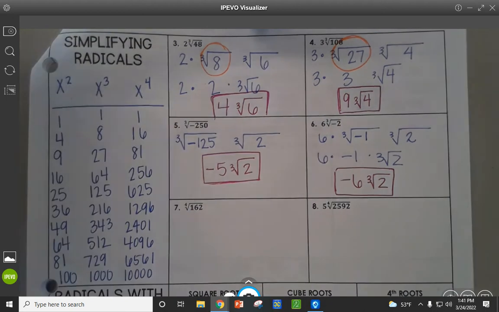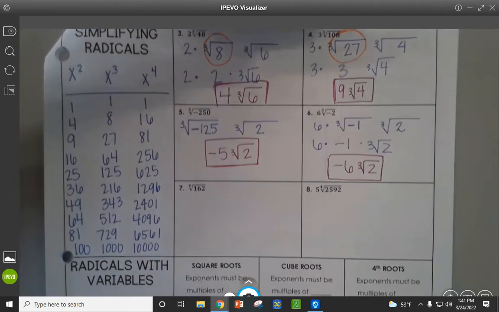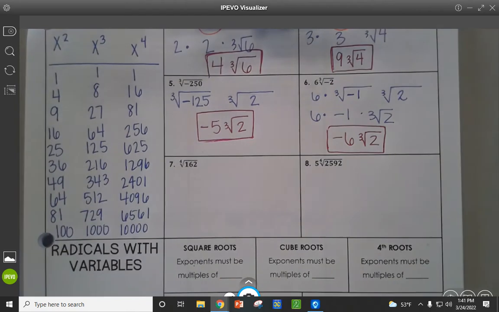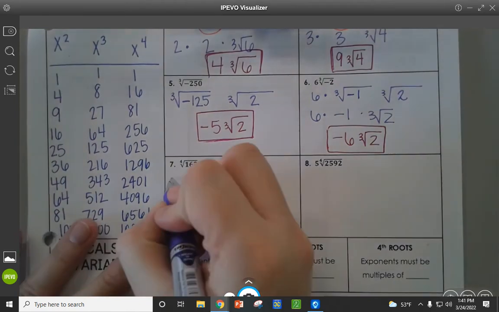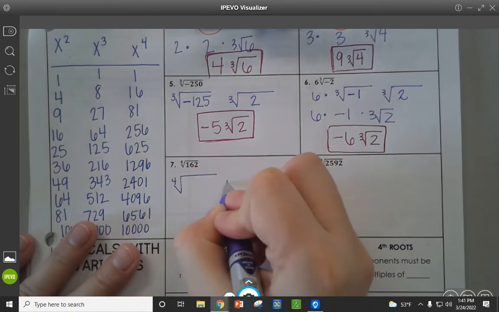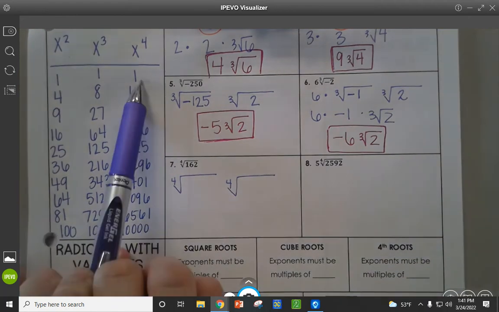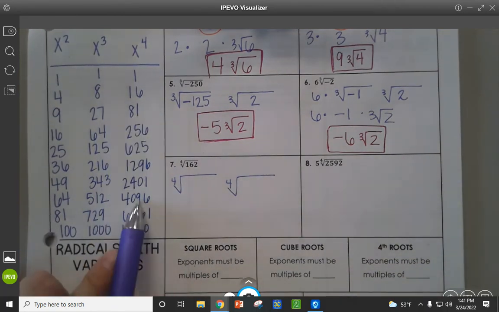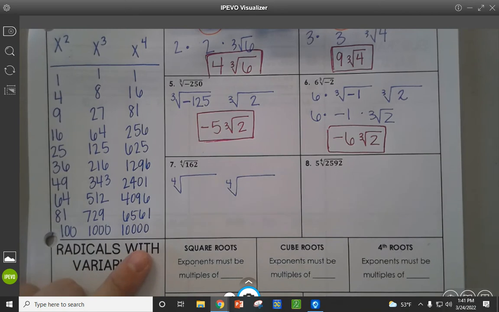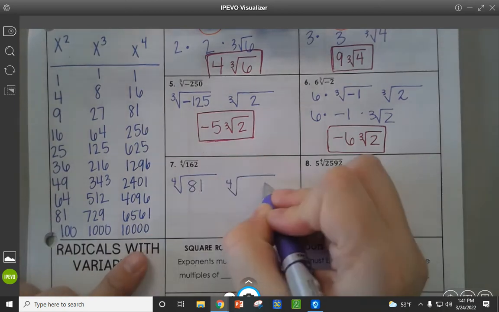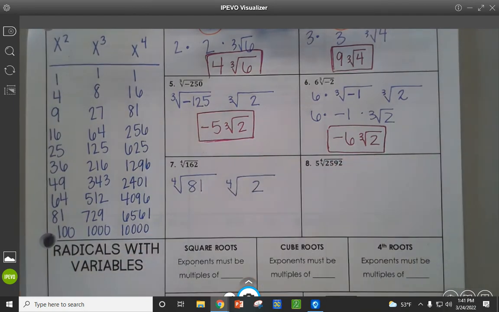All right, number 7. Now we're doing fourth roots. So you're looking at these numbers over here. What is the largest perfect fourth that goes into 162? 81 times what? 2.